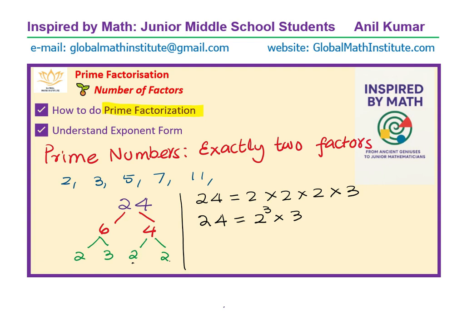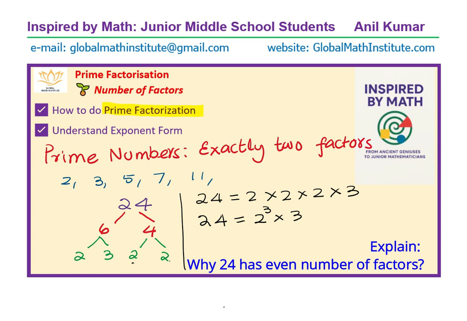So we have written 24 as 2 cubed times 3. So prime factorization of 24 can be written in the product form, which is 2 times 2 times 2 times 3, or we can shorten it, writing in exponent form. Since there are three 2's, we'll write 2 cubed, 2 to the power of 3 times 3. So that is prime factorization, and we have written this in this particular form.